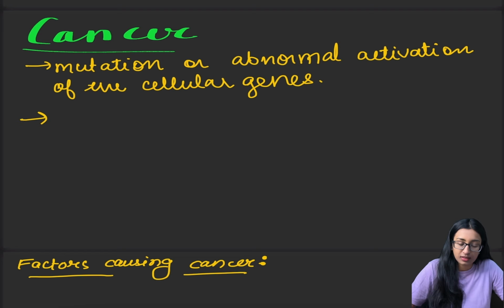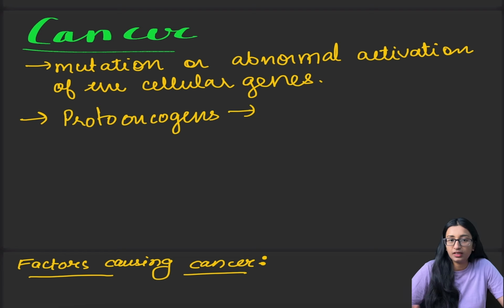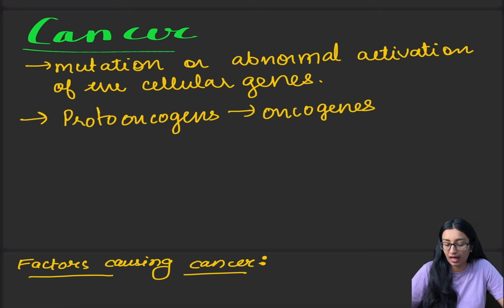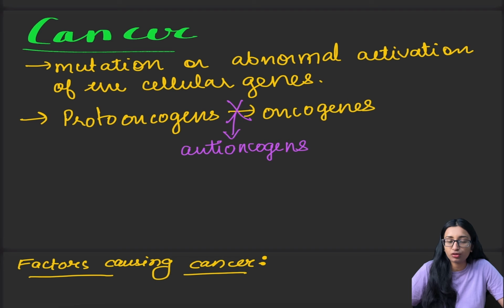In the normal human body, anti-oncogenes are also present. To avoid having cancer in our body, there will be anti-oncogenes. If these anti-oncogenes are not present, then the oncogenes will be very high and can lead to cancer.